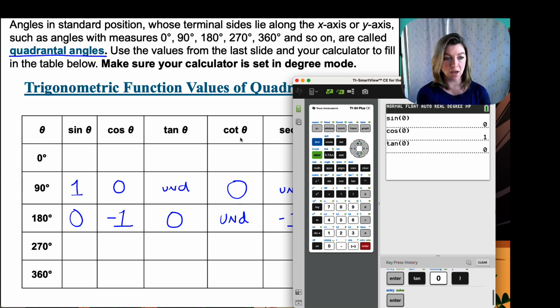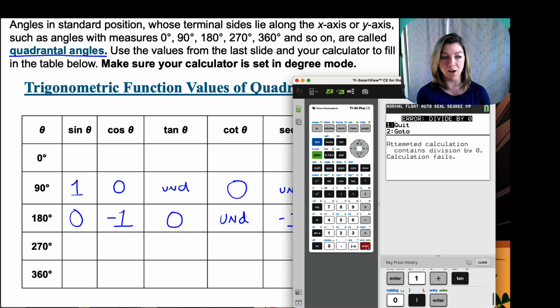Cotangent is next. And that's a problem because cotangent doesn't have a key for its function on the TI-84. So what I can do though is just use the reciprocal of tangent. So if I go 1 divided by tangent of 0, it'll give me the value of cotangent, which it says there's an error, and that's because we're dividing by 0, which means that it's undefined. Okay, that's okay. Don't let this throw you off.